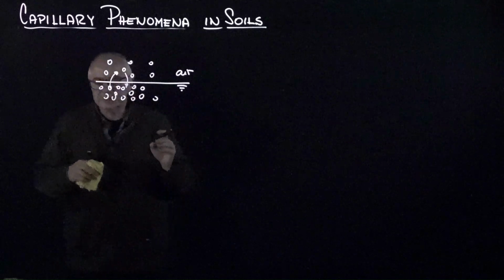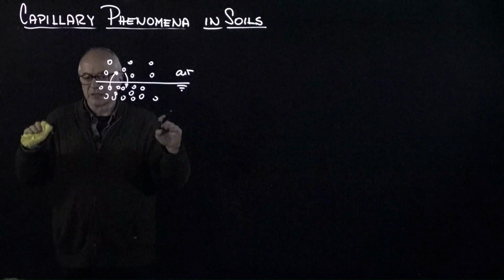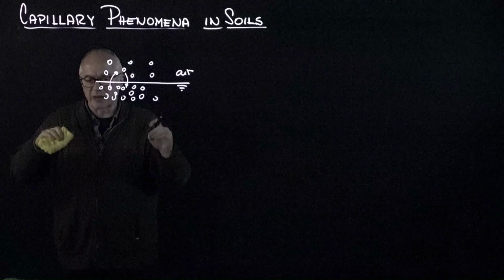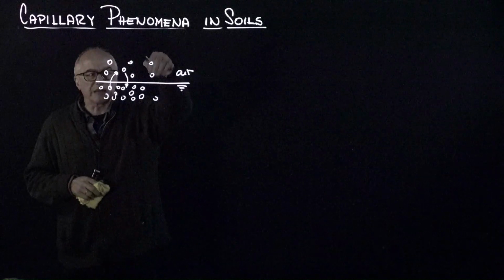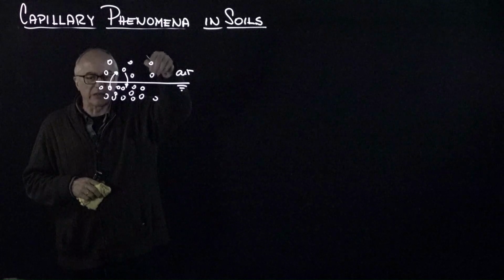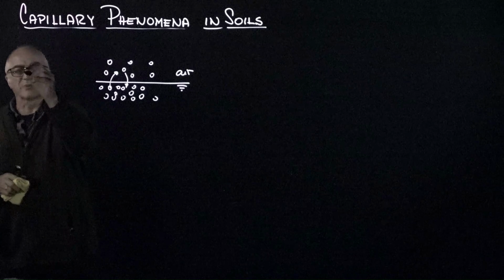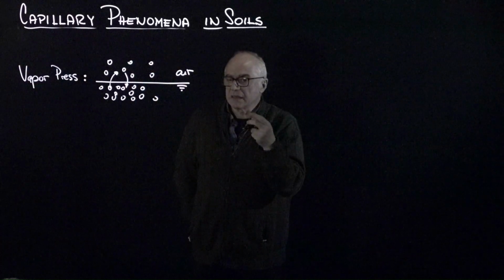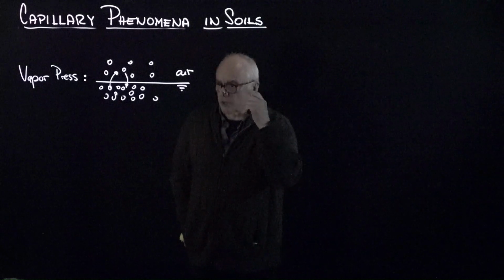In other words, it's not static equilibrium, it's an ongoing jumping in and jumping out, and when the system reaches equilibrium, the bombardment of the water molecules in vapor onto the liquid phase is what we call the vapor pressure.